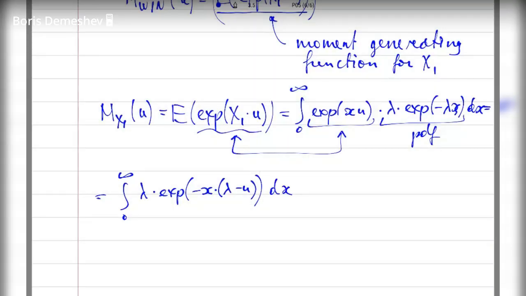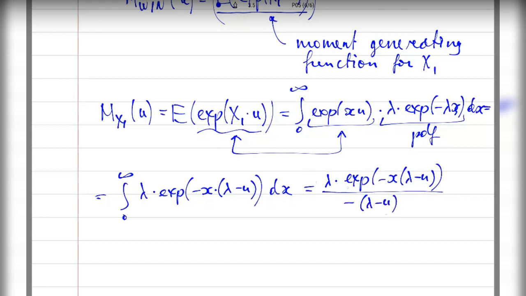When we integrate this, it will be lambda times exponent of minus x lambda minus u, divided by minus lambda minus u, and x goes from 0 up to infinity.